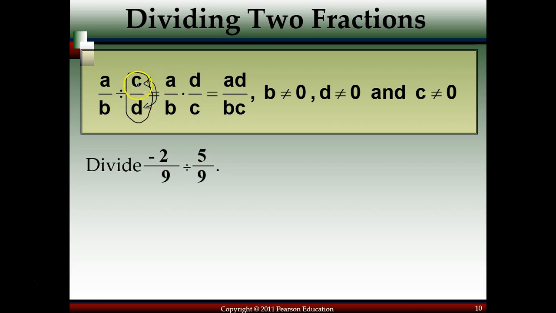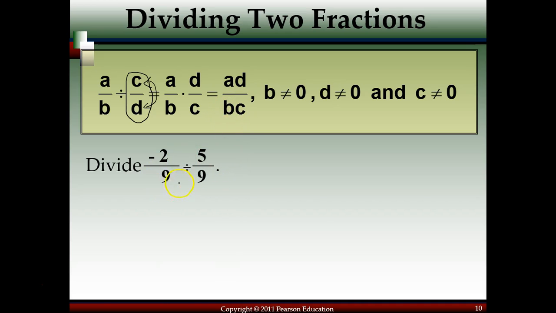So flip the numerator and denominator, and multiply. So a over b divided by c over d is the same thing as a over b times d over c. And once you're done flipping the second fraction or expression, you multiply straight across.